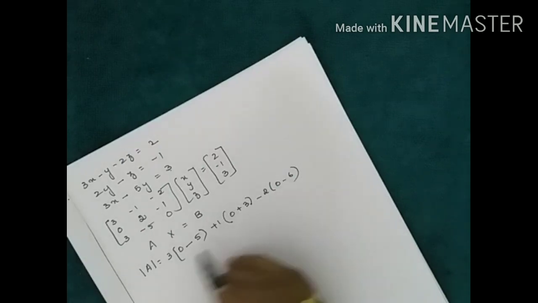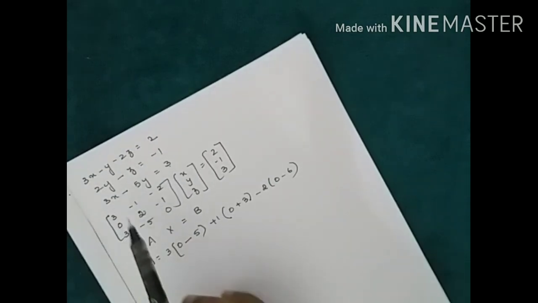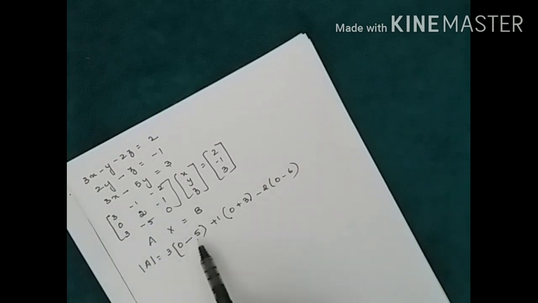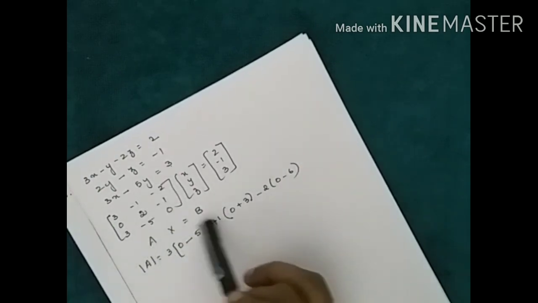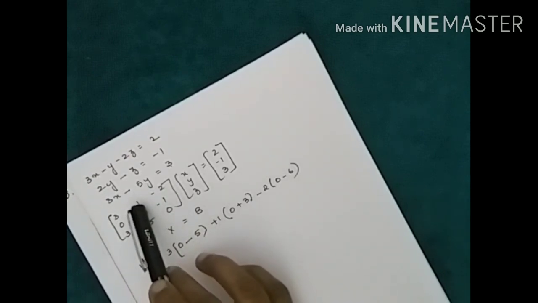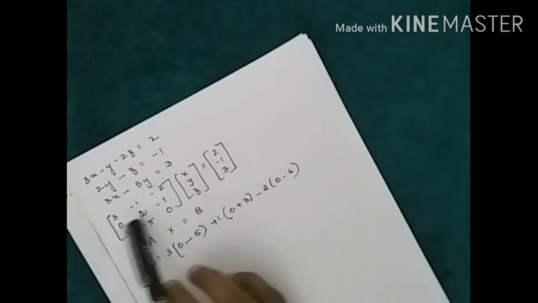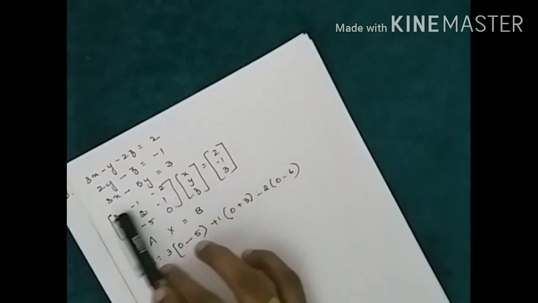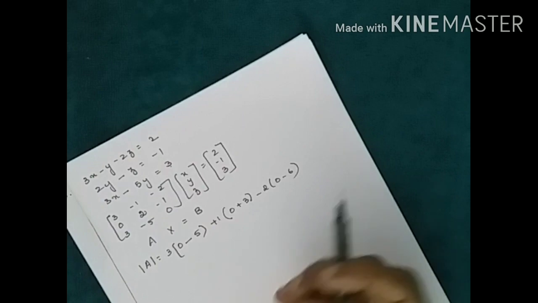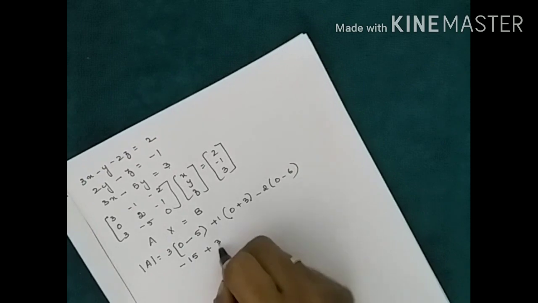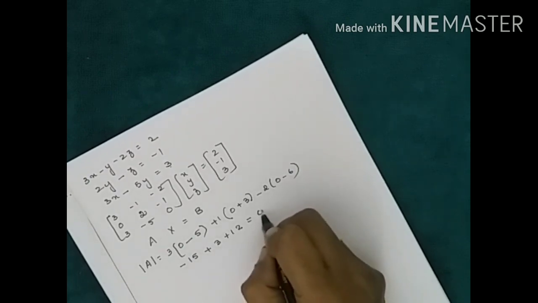How do you get this one? 3 into, multiply 2 into 0, 0 minus, then minus into minus plus, so 0 minus 5, plus 1. The minus 1 becomes plus 1 because it is in the odd place. Okay, so it is 0 minus of minus 3, so it becomes plus 3. Minus 2 into 0 minus 6. So the determinant value is minus 15 plus 3 plus 12 equal to 0.